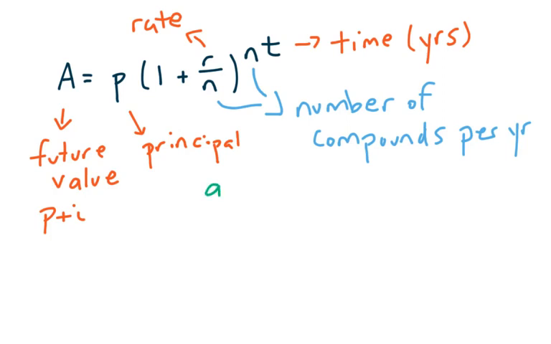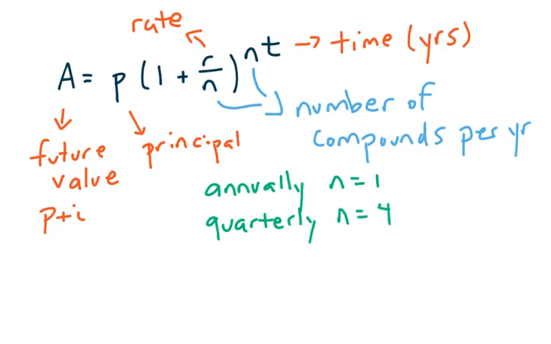If our interest is compounded annually, then that means it's going to be compounded one time for a year, so N is going to equal 1. If our interest is compounded quarterly, then that means it's going to be compounded 4 times per year, and N is going to equal 4.